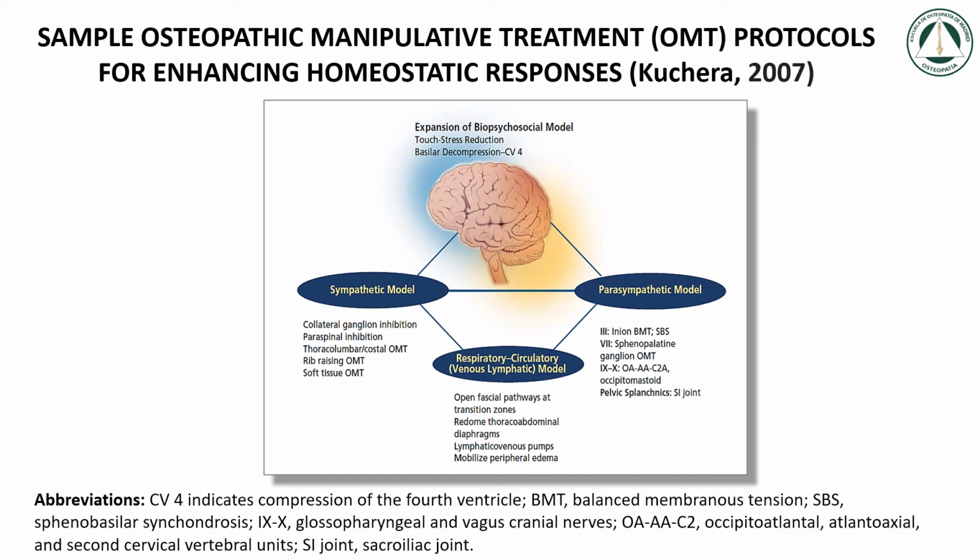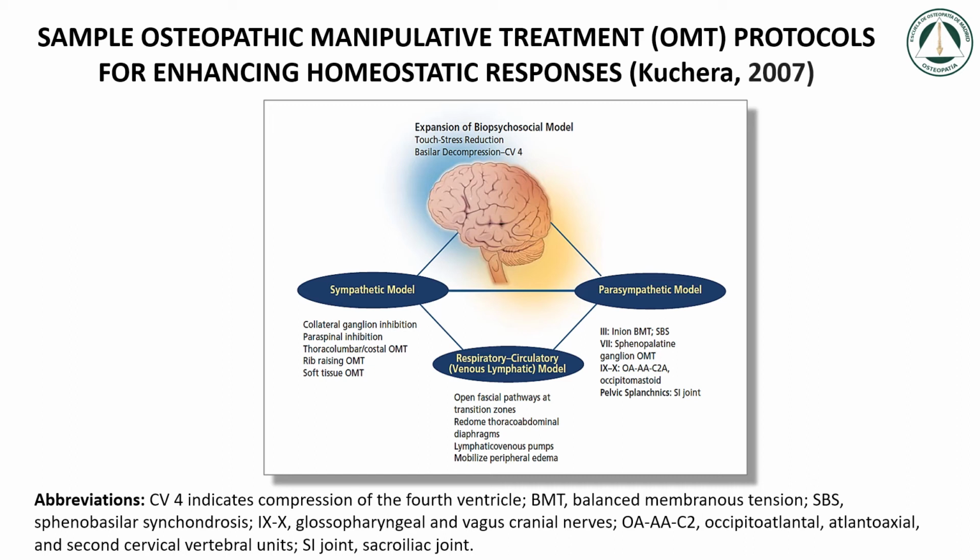Expansion of biopsychosocial model includes touch stress reduction, basilar decompression and CV4. Sympathetic model includes collateral ganglion inhibition, paraspinal inhibition, thoracolumbar and costal OMT, rib raising technique, soft tissue techniques.